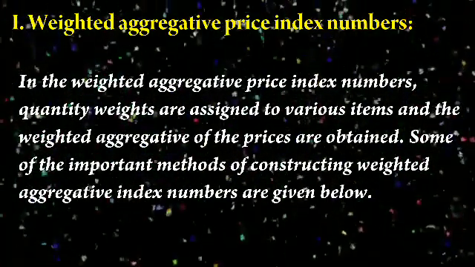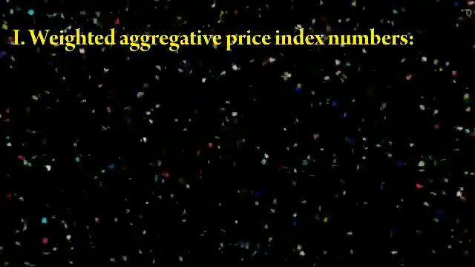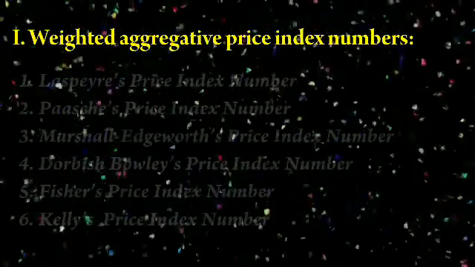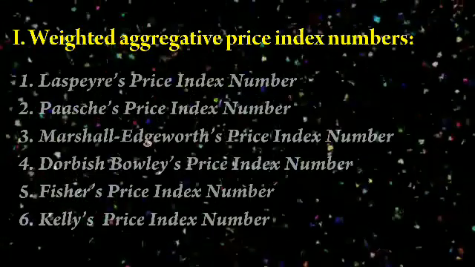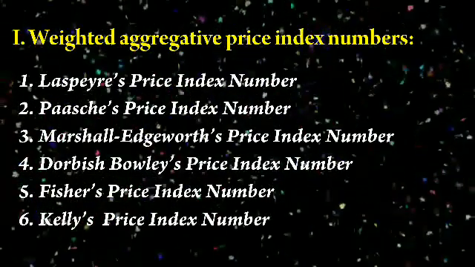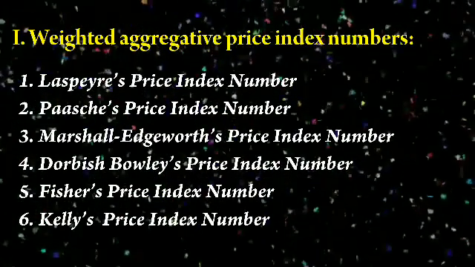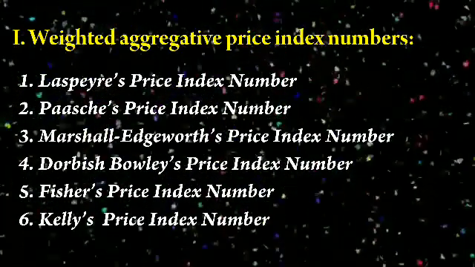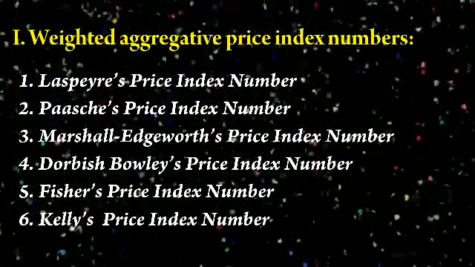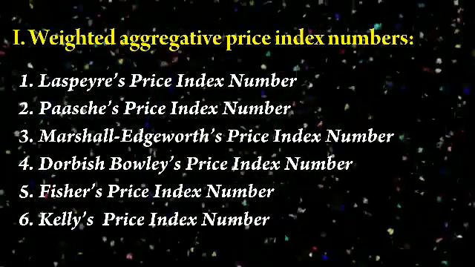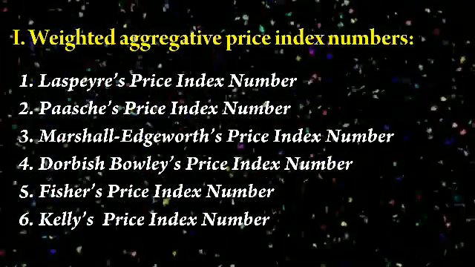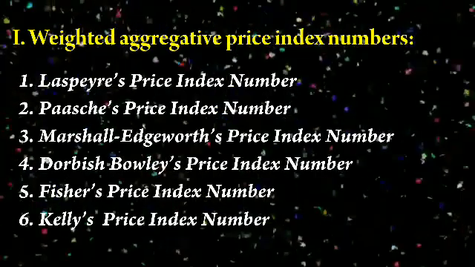Among that, first one, Laspeyres' price index number, Paasche's price index number, Marshall-Edgeworth's price index number, Dorbish-Bowley's price index number, Fisher's price index number, and the last one is Kelly's price index number.